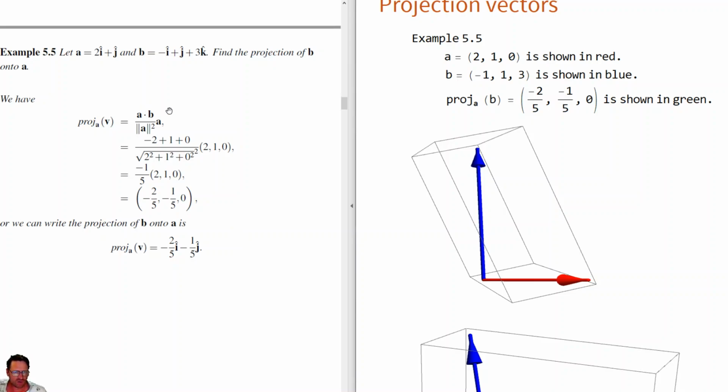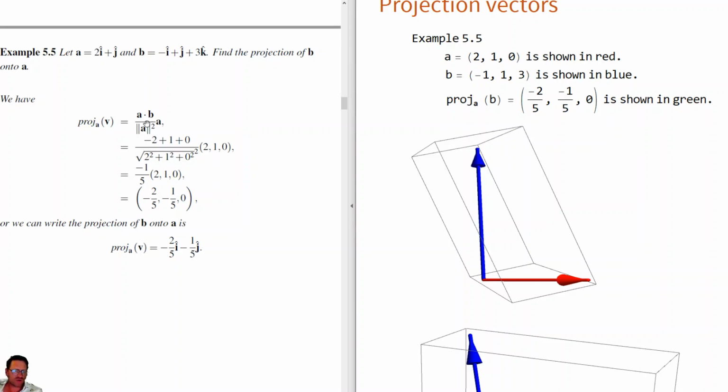So we take the dot product of the two vectors. A dot B is 2 times minus 1 plus 1 times 1 plus 0 times 3. So we get minus 2 plus 1 plus 0 for the dot product of A and B, which simplifies as minus 1. Now, the norm of A is the square root of 2 squared plus 1 squared plus 0 squared, so the square root of 5.